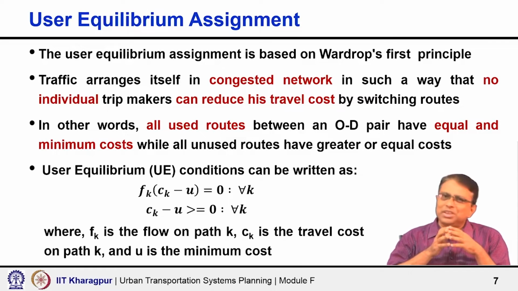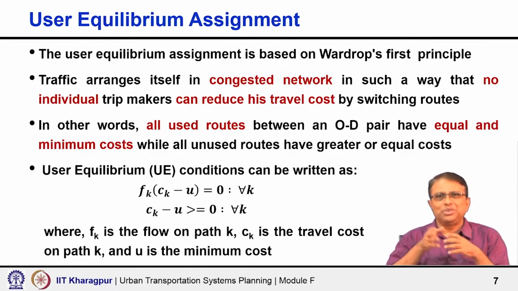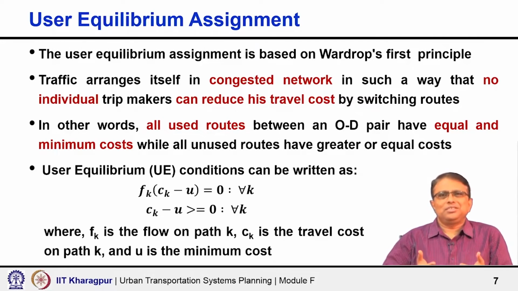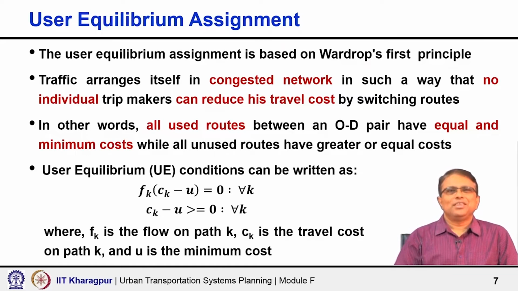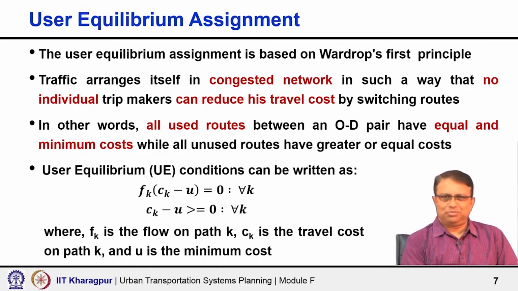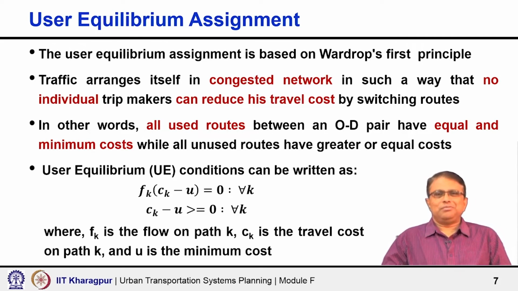And if nobody can benefit further individually by switching route, then we can call it an equilibrium. No further route switching is happening. It is something like people start taking different routes on different days, and then they try all the things, and now everybody has settled. They know that this is the best route, because by switching to another route I cannot save my travel time.